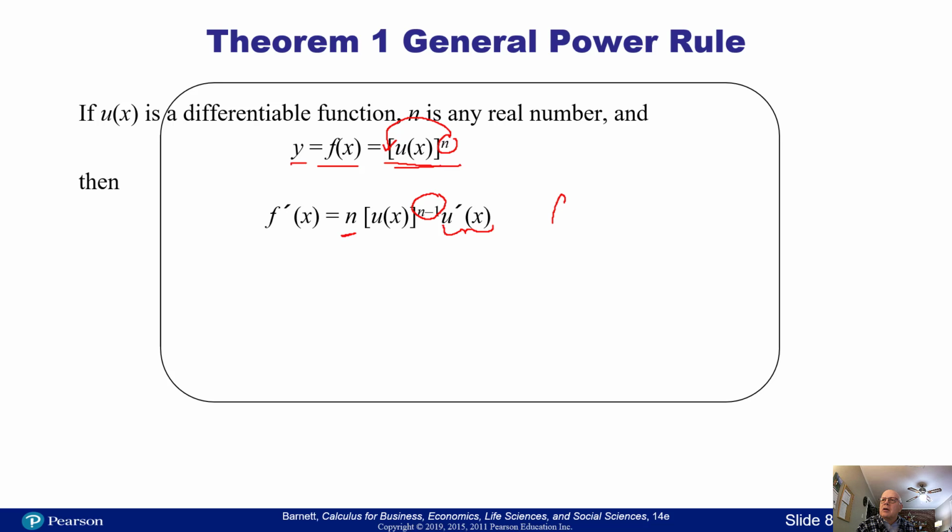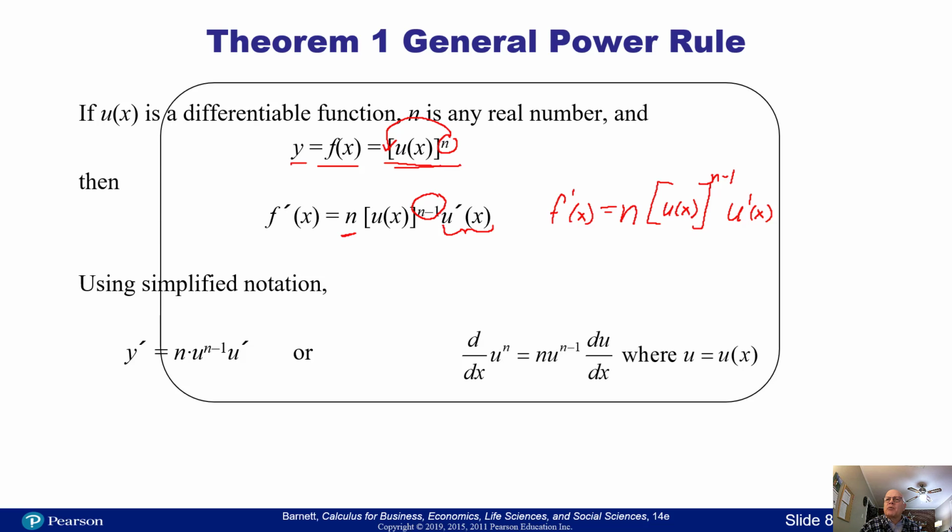So, highlighting that, the derivative of f of x, there's my n out front. u of x, notice I haven't changed what's inside, but I have reduced the exponent by 1, and then I'll take the derivative of the inside function. And there's the chain rule as a power rule, a general power rule. It works for anything that has a power like that.